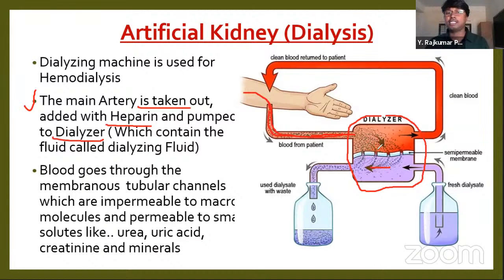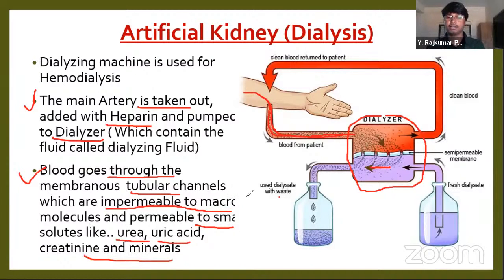It contains the dialyzing fluid. So what happens in the dialyzer? Let's see. Blood goes through membranous tubular channels, which are impermeable to macromolecules and permeable to small solutes like urea, uric acid, creatinine and minerals. You can see our blood here, the blood with the waste materials.